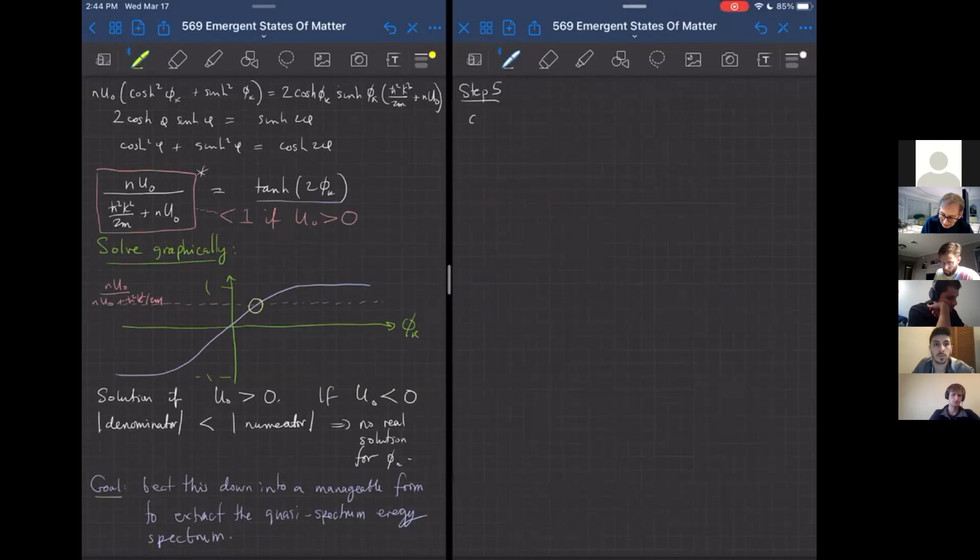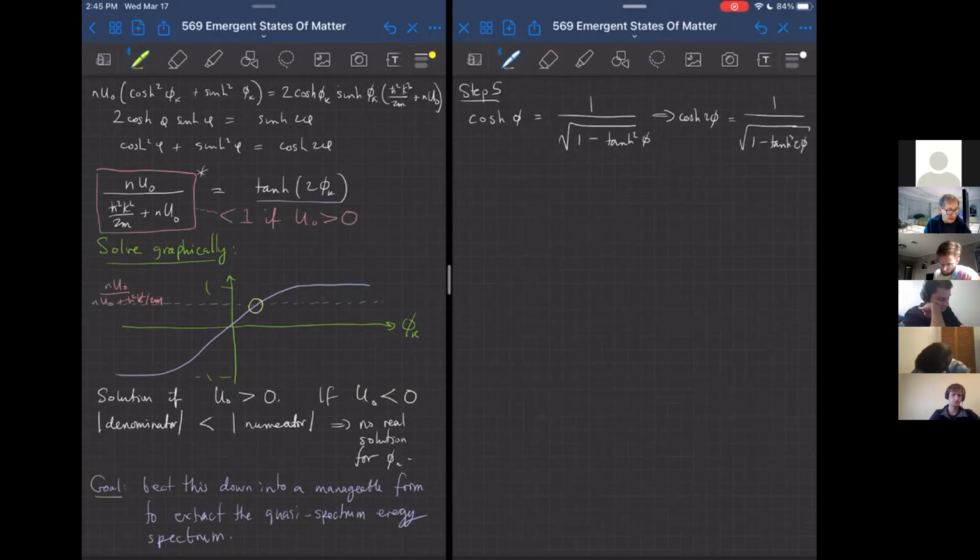I'm going to use the fact that cosh of phi is the same as 1 over the square root of 1 minus tanh squared phi, and that means cosh 2 phi is obviously 1 over the square root of 1 minus tanh squared 2 phi. That's obviously true.